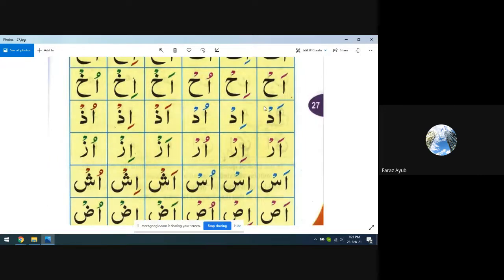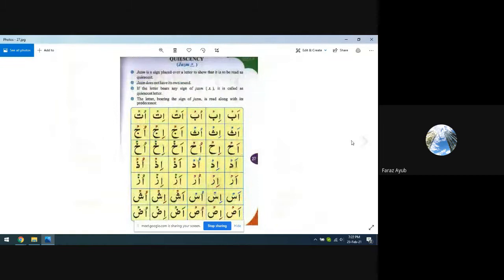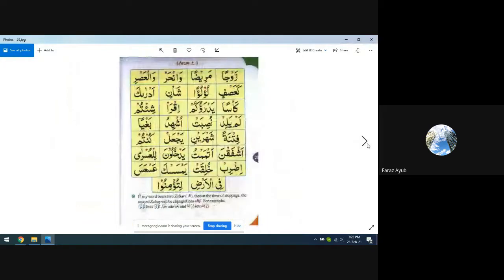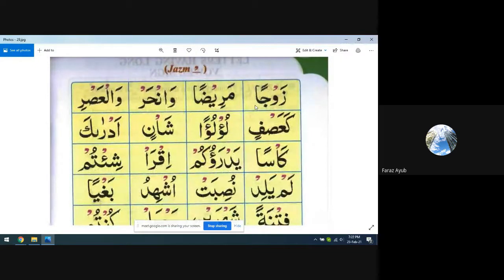Just like dal is a qalqala letter, you read it like ab, ad, id, ud. Ra is not a qalqala letter, and if you read it like ar, it is wrong. Ar is right. So this is an exercise of jazm or sukun.